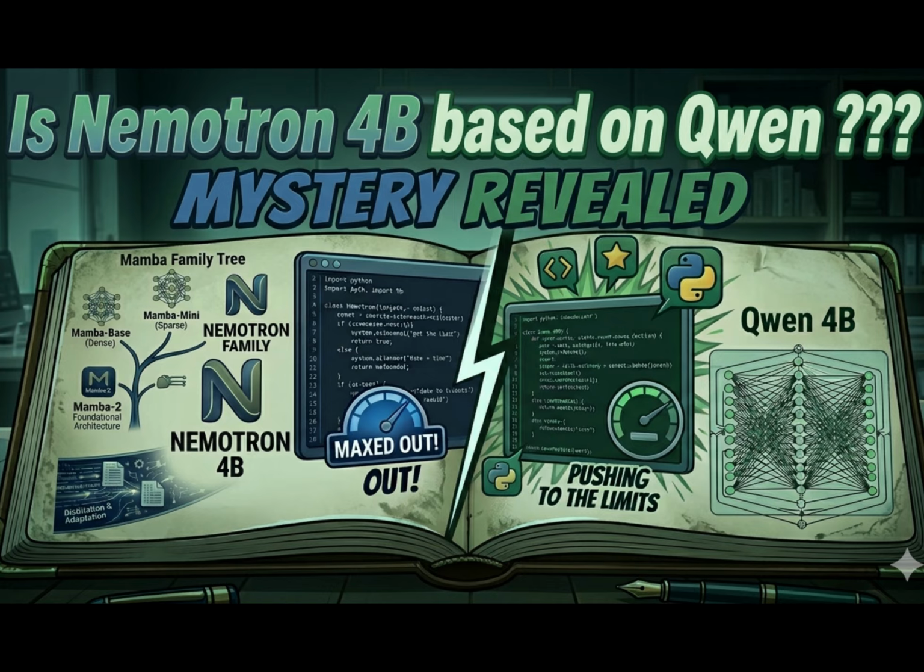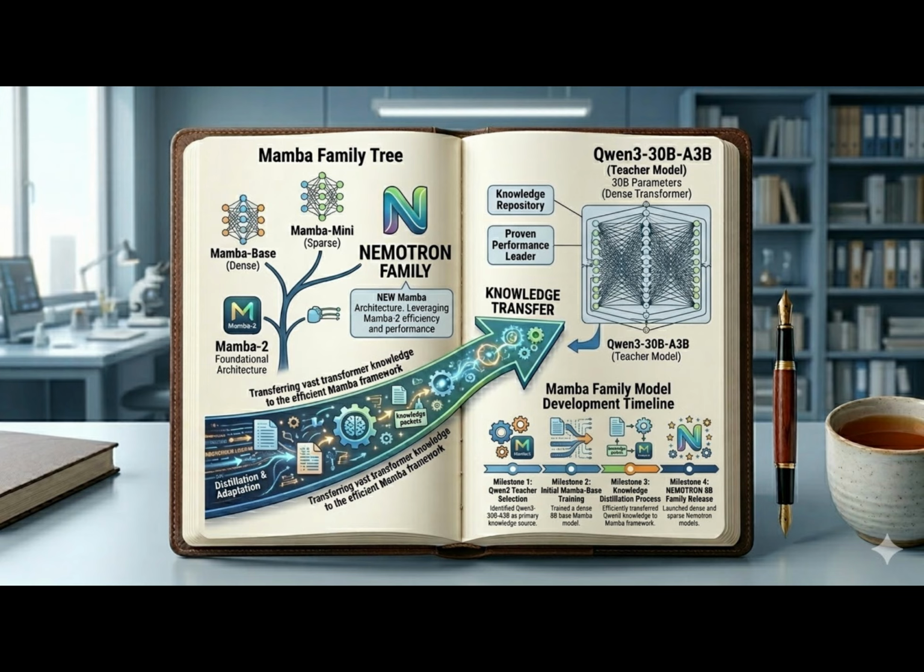And what exactly happened here is that NVIDIA designed Nemotrons from scratch with the new architecture, like we said in the video before. But NVIDIA used Qwen to train the models that it just created.